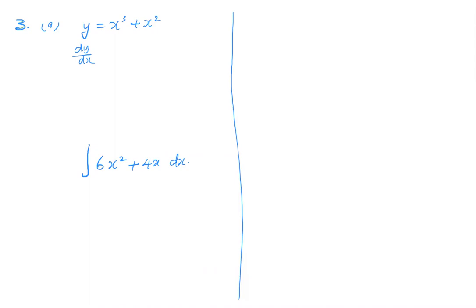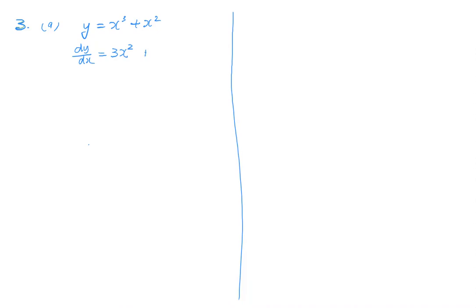Are you okay? Yes. Okay, so I'm going to show you the steps for those who are not very sure. So I differentiate this first. Bring down the power, power take away 1.